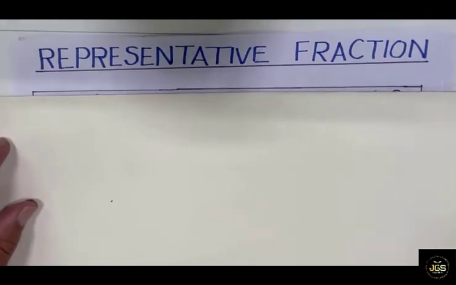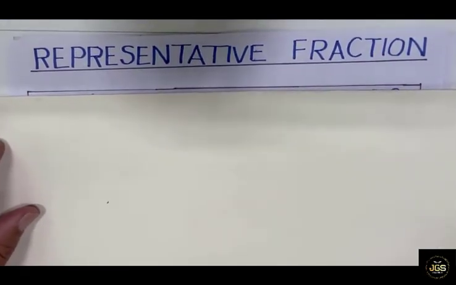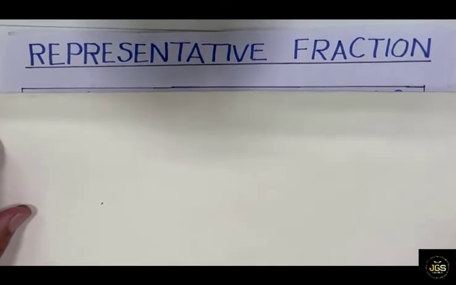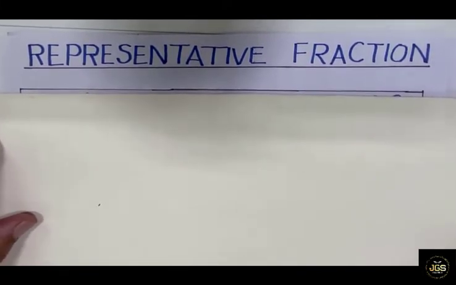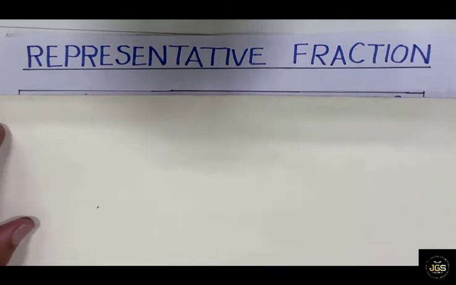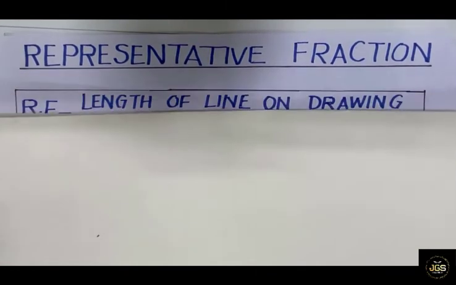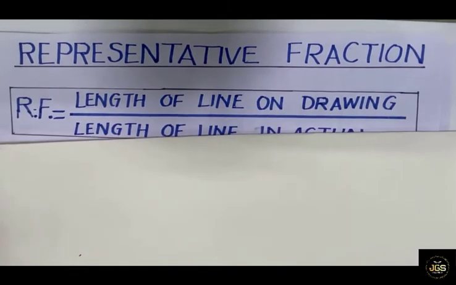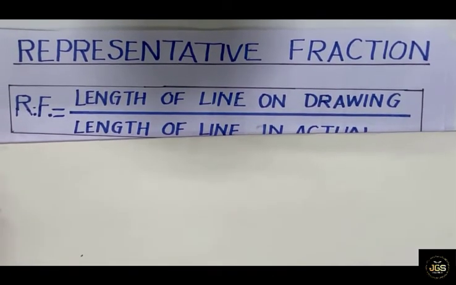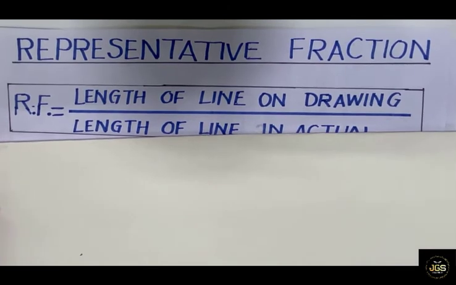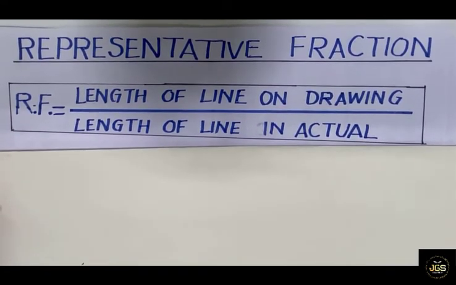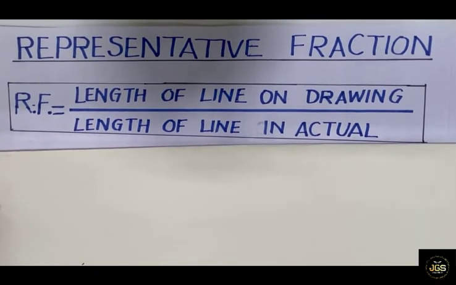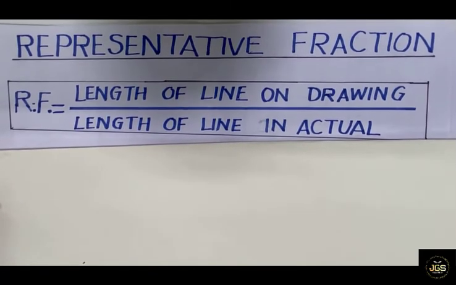So there are some technical terms which should be known before starting the scales. First is representative fraction. It is denoted by capital R, capital F. So what is this? Actually, representative fraction is the ratio of length of line on drawing or map to the actual length of the line.